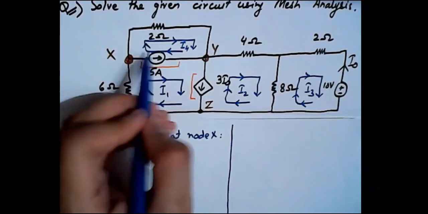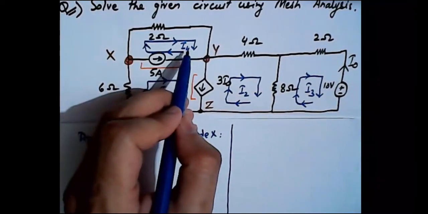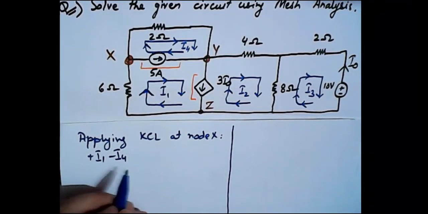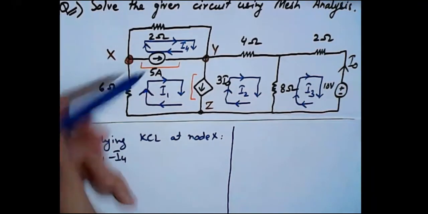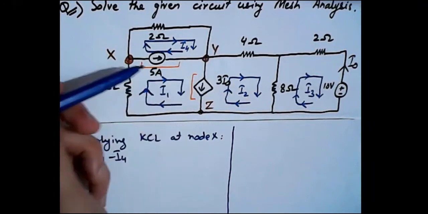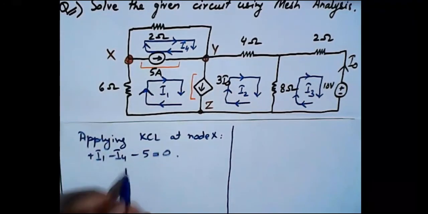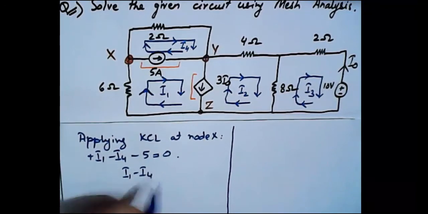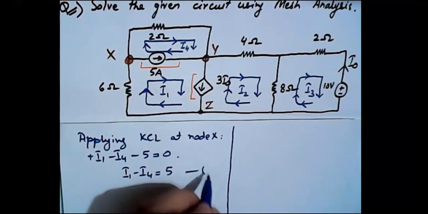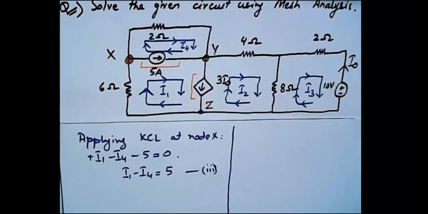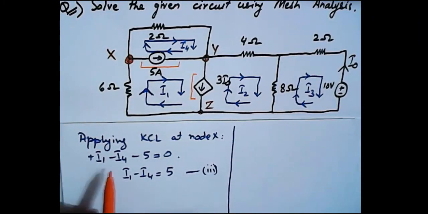Similarly, there is a current leaving, and this current is I4, so minus I4, right? And we can also see that a constant 5 ampere current is also leaving, so minus 5 is equal to 0. So it will become I1 minus I4 is equal to 5 amperes, and this will be our equation 3, right? So I hope it is clear now.